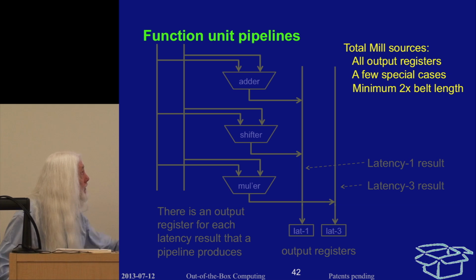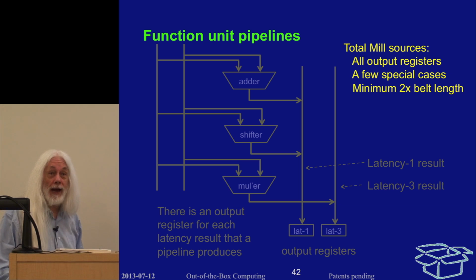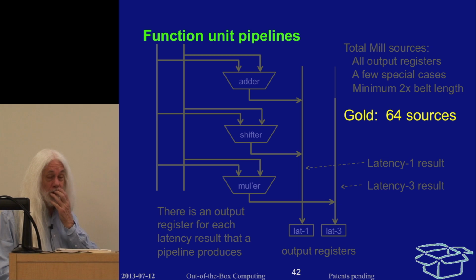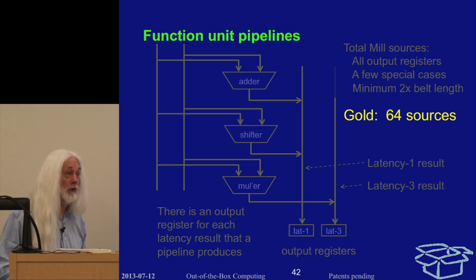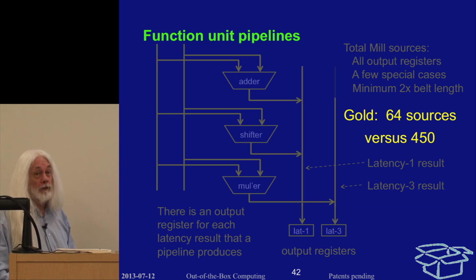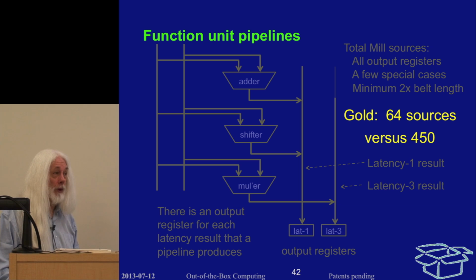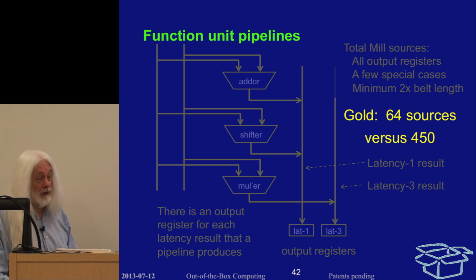Now, it happens that the sources on a Gold do not add up to twice the belt length, so we have to add extra buffers so as to provide a total of 64 sources versus 450. This is the major reason why we are showing DSP power rather than superscalar power consumption.